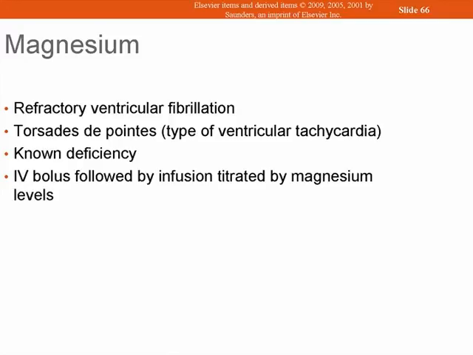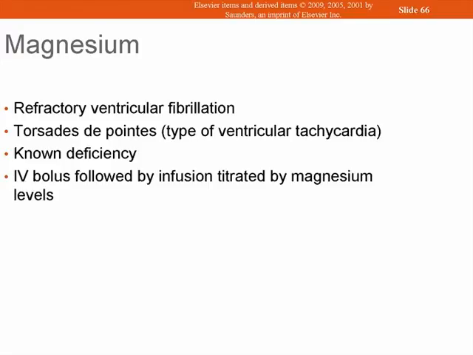Magnesium is used when there is refractory ventricular fibrillation or a torsades de pointes, which is that twisting of the points, a type of VTAC. If there's a known deficiency in the patient, you definitely want to do an IV bolus followed by an infusion titrated by the patient's magnesium levels at intervals.